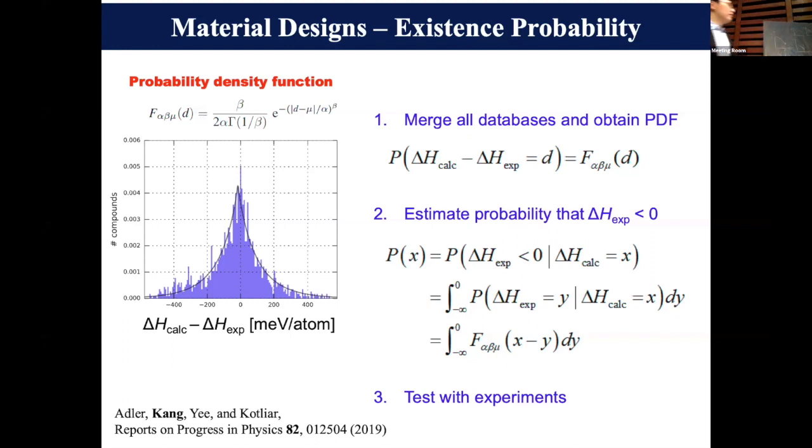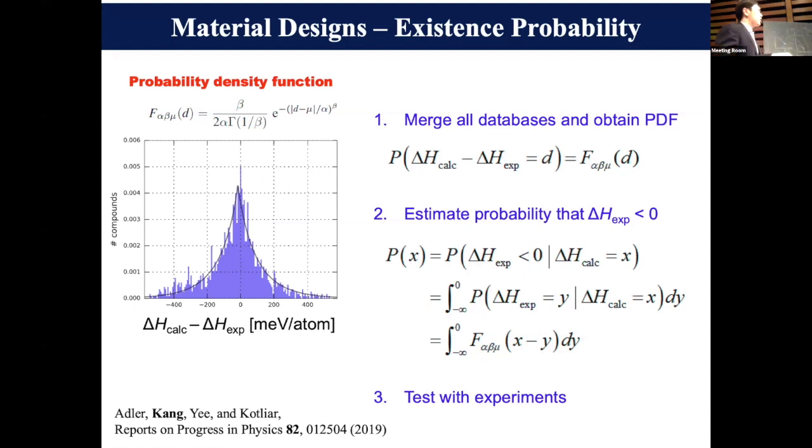So we set the experimental value as y and integrate from -infinity to 0 with respect to y. The experimental value is y and the calculated value is x. In this case, the computational error is simply x minus y. And we already know that the computational error x minus y follows the probability density function. So we can simply change the probability into the probability density function.